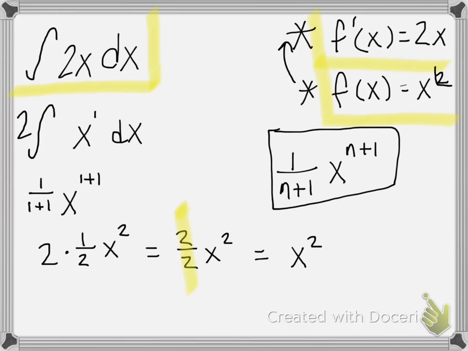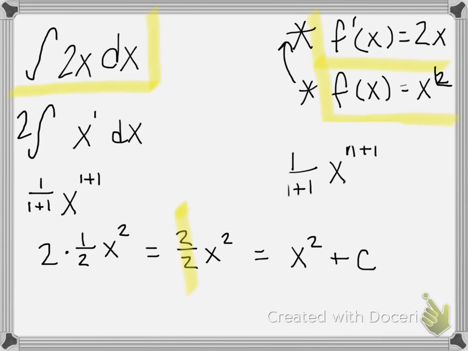But one thing we have to remember with integrals, whenever you come up with something, so long as it is an indefinite integral, you're always going to have a constant. And that's because when you take the derivative of a constant, it's just 0.